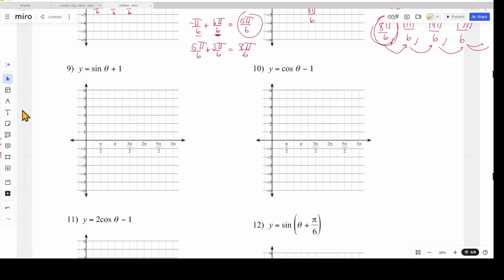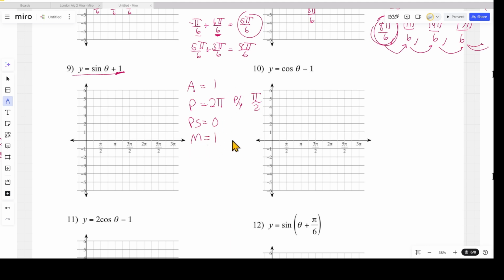All right, really happy to see this one doesn't have a phase shift. Those are definitely the worst. Period is 2 pi, quarter period pi over 2. Phase shift 0, and it's our first time having a midline of 1.